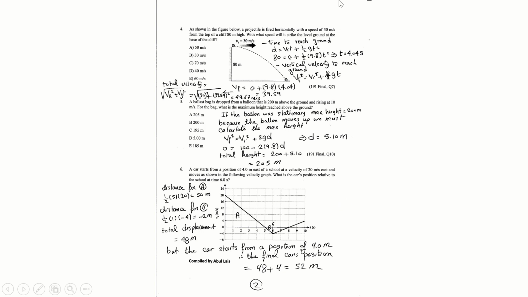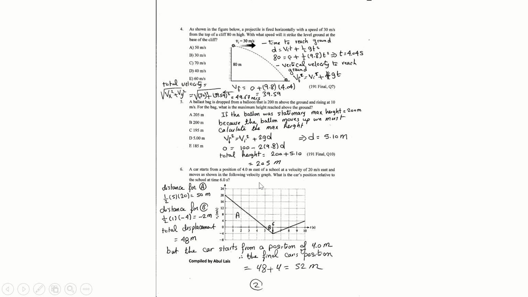Now let's move on to the next question, and it asks about another graph. It says that a car starts from a position of 4.0 meters east of a school at a velocity of 20 meters per second east and moves as shown in the following velocity graph.